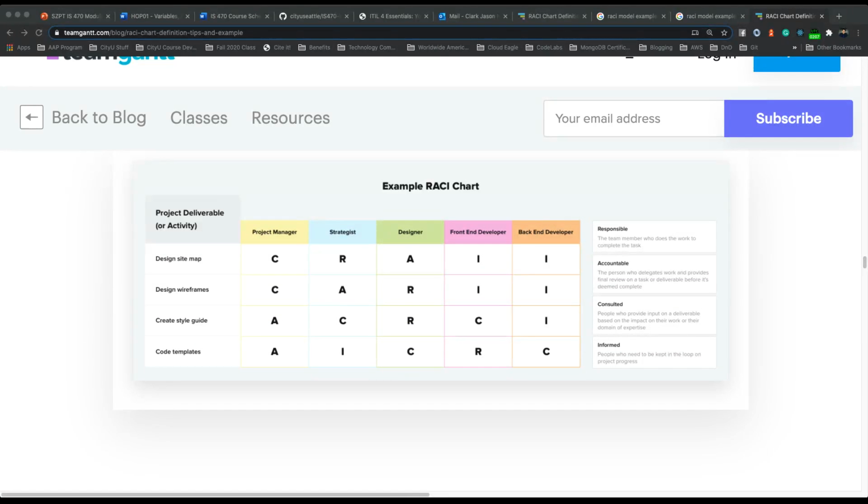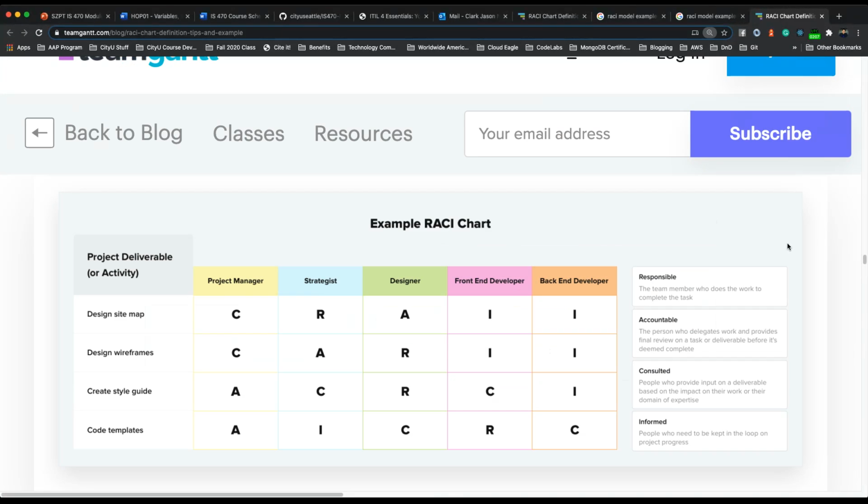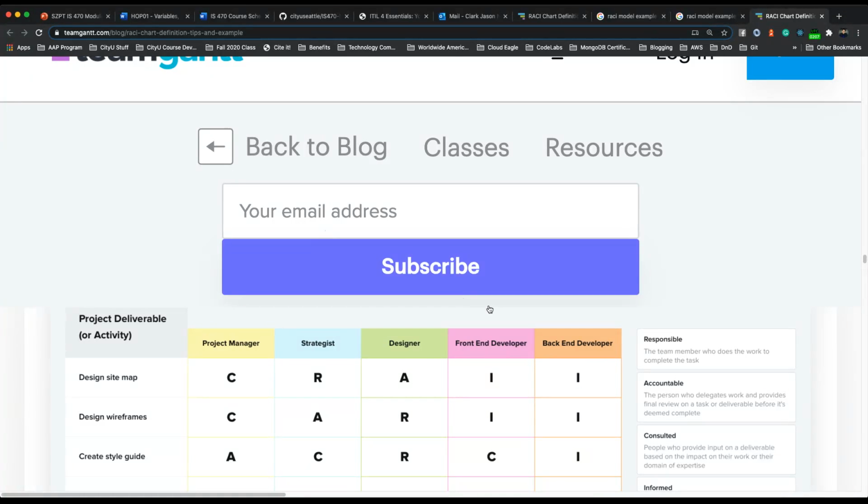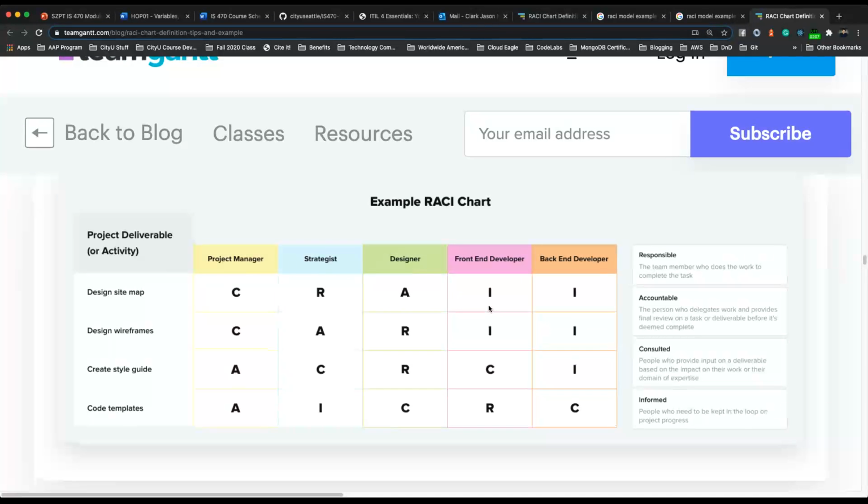Let's say there is a project to be delivered, right? And again, let's define the words again. Responsible is the team member who would do the work and complete the task, right? The person that's responsible. Okay. And then next is accountable, right? Who delegates the work and provides final review. So that means it's like the boss, right?